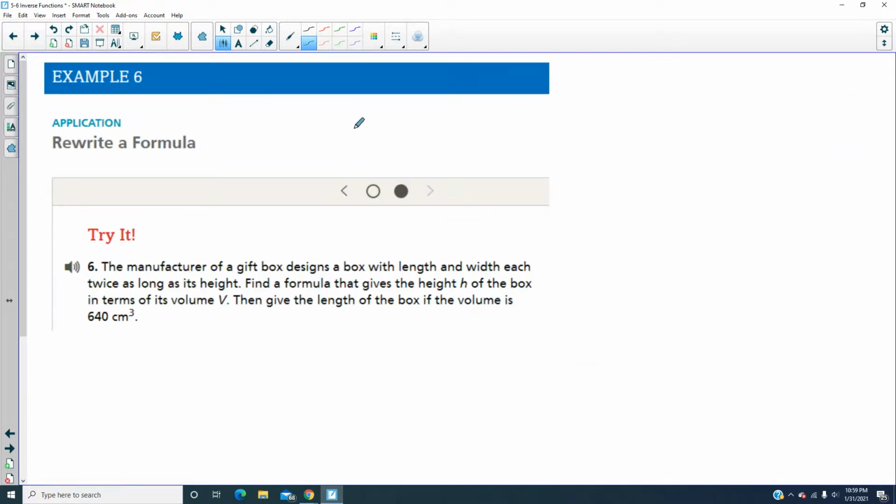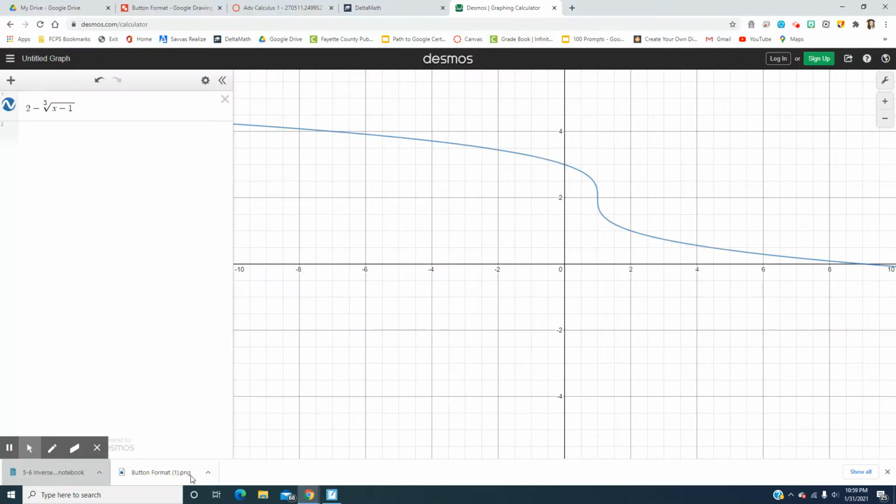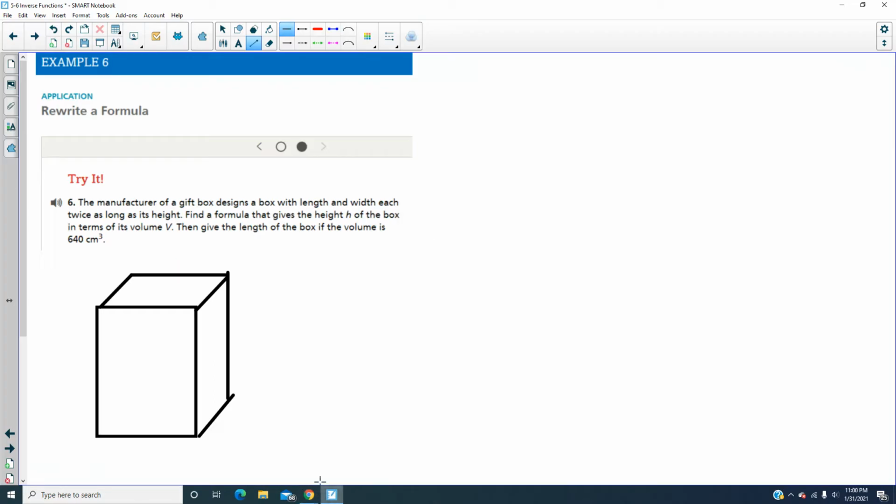All right, and then example 6 has me rewrite a formula. So example 6, the manufacturer of a gift box designs a box with length and width each twice as long as its height. So let me pause right there. Whenever we have a box, we always have length, width, and height.